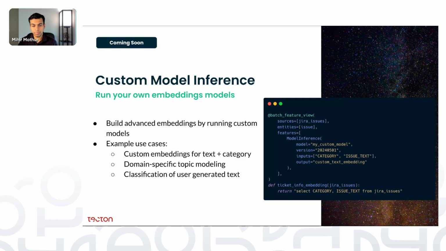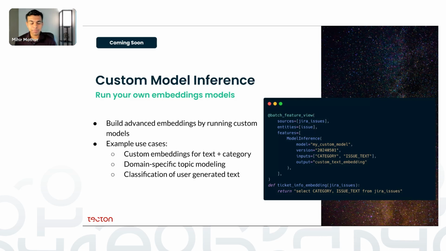So examples here would be if you want to embed the text and category of an item together. So let's say you have some product description plus product color plus product size or price, and you want to embed that into a multidimensional product space, then you would need to create your own embedding model, and we will support the inference for that, and you'll get all the same benefits that I just outlined.